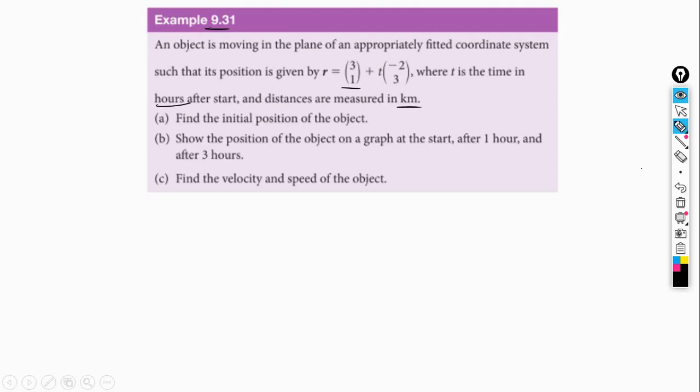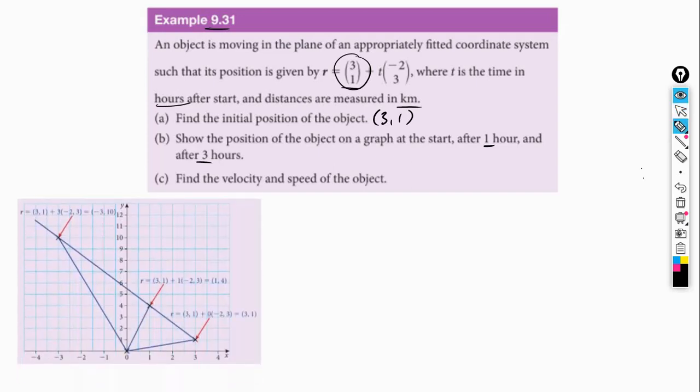Part A, find the initial position of the object. So the initial position of the object is obviously going to be the coordinate 3, 1, which we can see here. Show the position of the object on a graph at the start, after 1 hour, and after 3 hours.